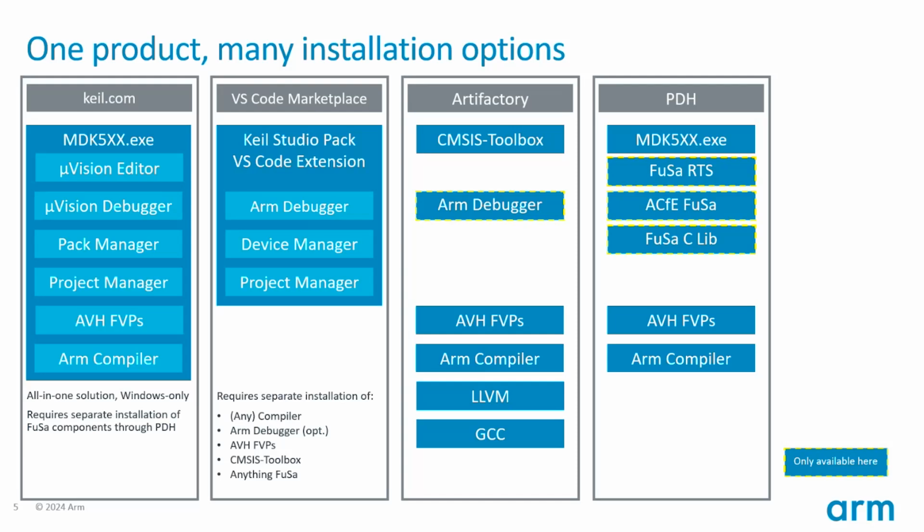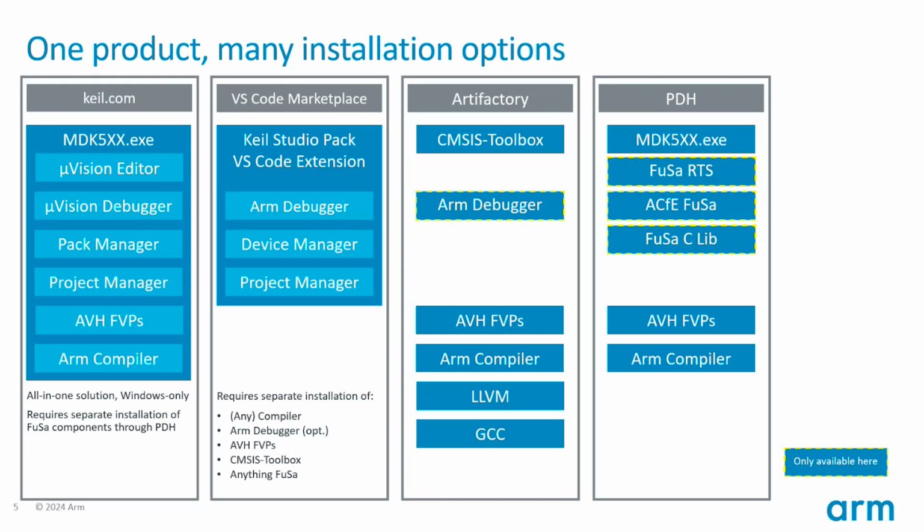I think in total it's 8 or 9 extensions that will be automatically downloaded if you install this Keil Studio Pack. And then you require separate installation of these other tools. But this is nicely managed with a package manager that I will talk about in a couple of slides.